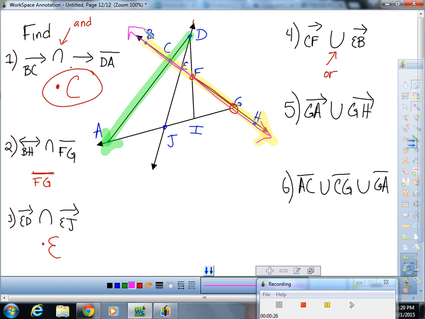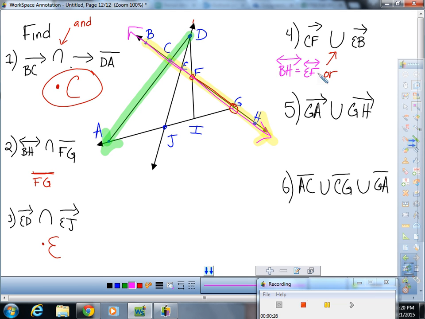So we could call this answer line BH. There are many different ways to name line BH. For example, that's the same thing as line EF. And any satisfactory naming of that line would answer this question correctly.